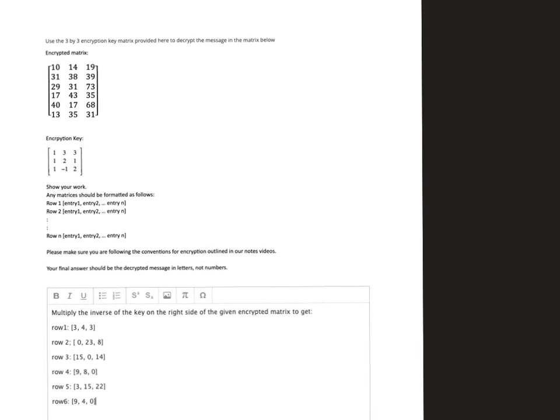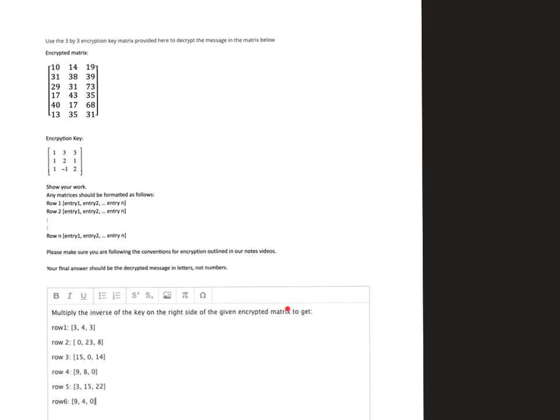So to decrypt, the method that we were using was to multiply the encrypted message by the inverse of the encryption key on the right-hand side. And just explaining this is all you need to do.